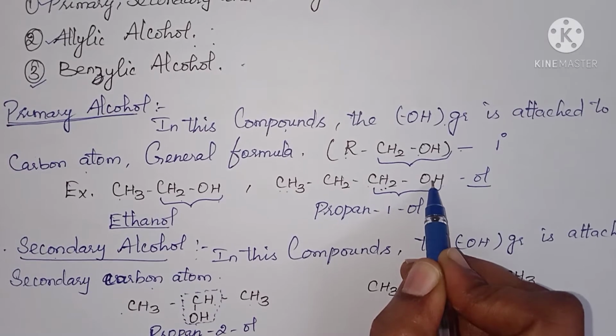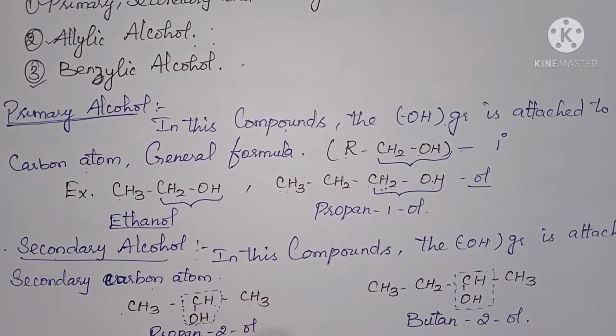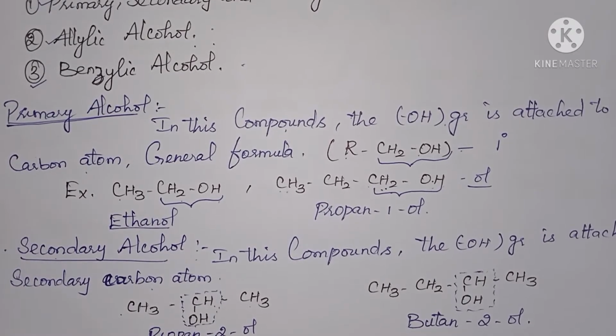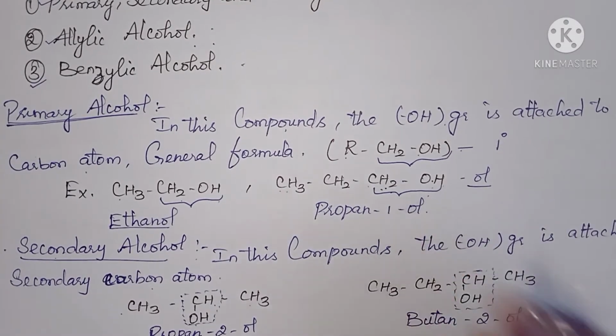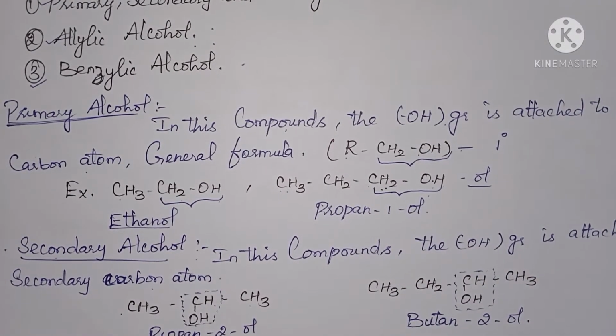Primary alcohol. In MCQs and all, they would have given secondary alcohol, primary alcohol, tertiary alcohol like that. So how to identify primary alcohol and secondary alcohol, I'll tell you easily. Primary alcohol means if CH2OH comes, that is primary alcohol.